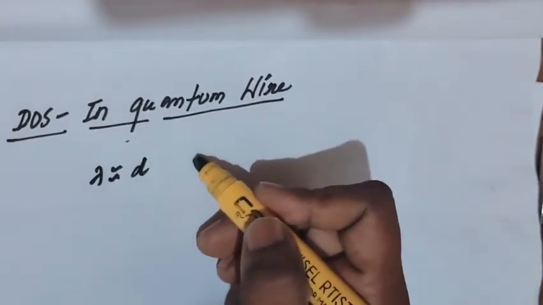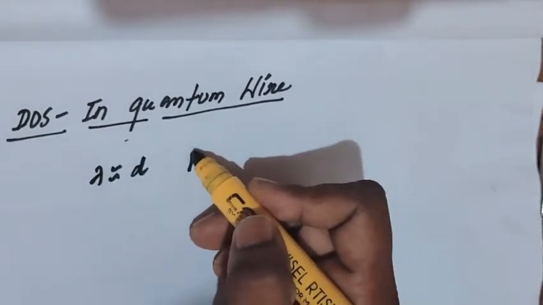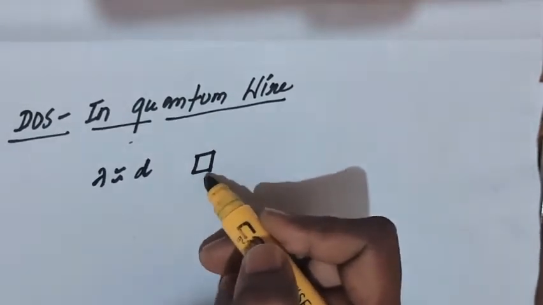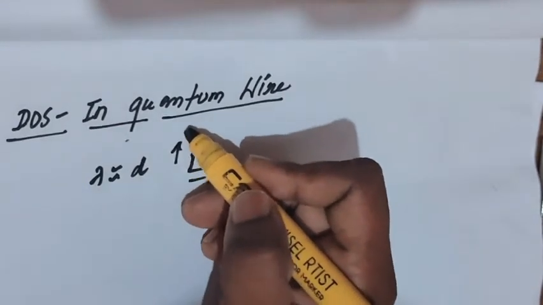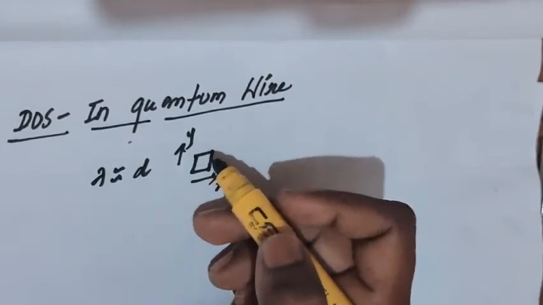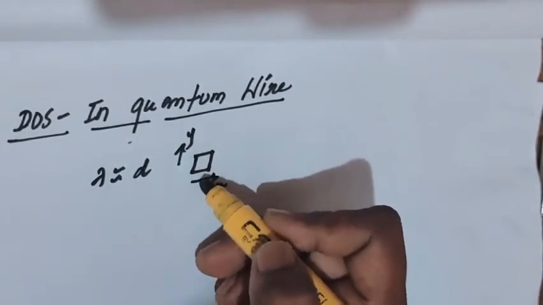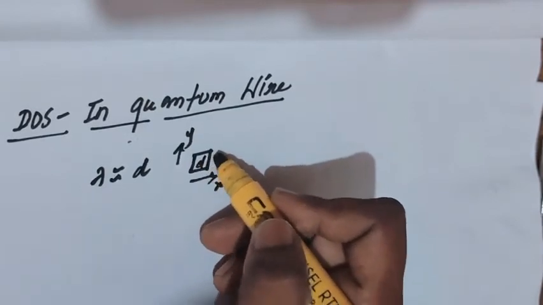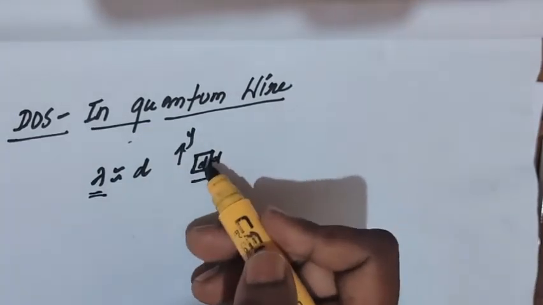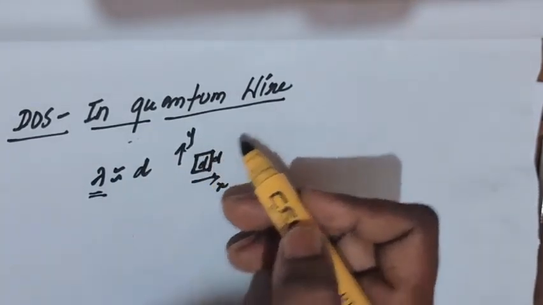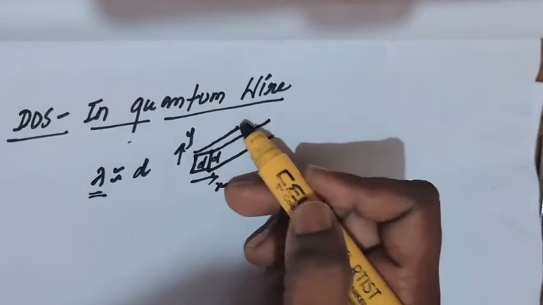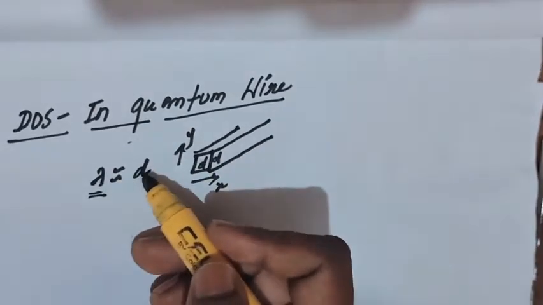Consider a three-dimensional material, where the dimensions along the x direction and the y direction, call them d and d, match the de Broglie wavelength. Then the electron is confined along these two directions, and it will be free in the third direction, because the third dimension is not matching the de Broglie wavelength.